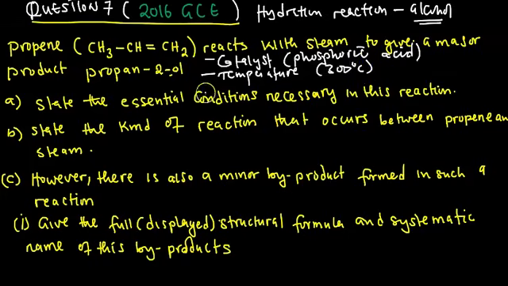Then the other one is pressure, about 60 atm, that is 60 atmospheres. So these are the conditions for hydration to occur. At any point we come across a question on hydration asking the conditions, you should be able to remember this, please.